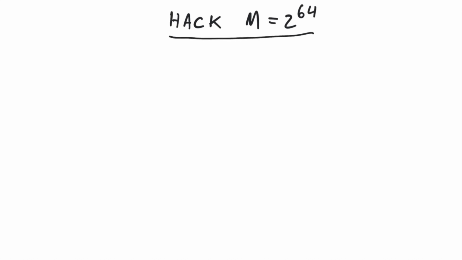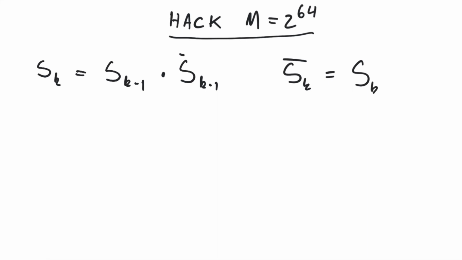So the hack is based on a recursive definition of a string s_k, which I will take to be the string s_{k-1} concatenated with the string s̄_{k-1}, where the string s̄_k is just the string s_k with the characters a and b interchanged, and I only have to give you the initial condition, which is s_0 is just the string a.